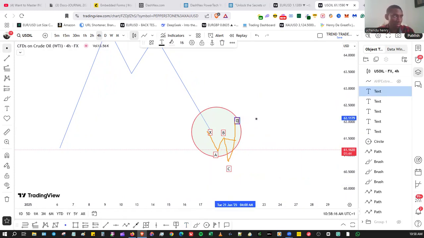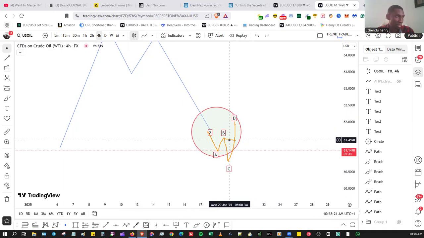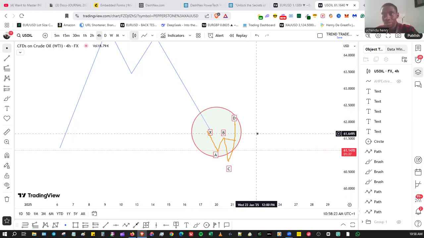So how do we verify? How do we validate that this is a displacement? What is a displacement? A displacement is price moving in one direction impulsively, aggressively. That is a displacement.